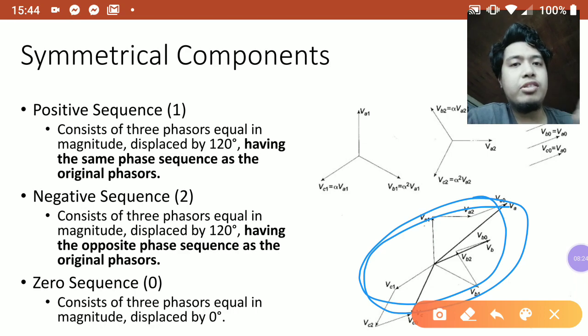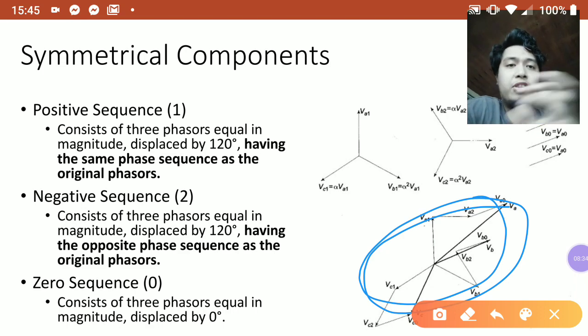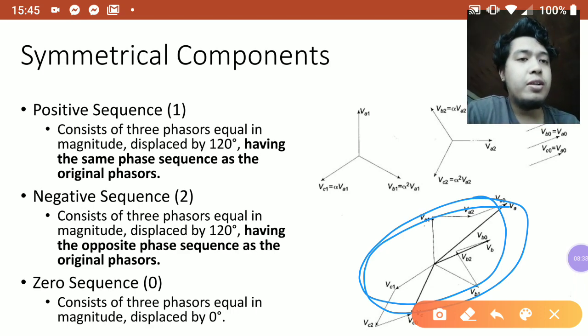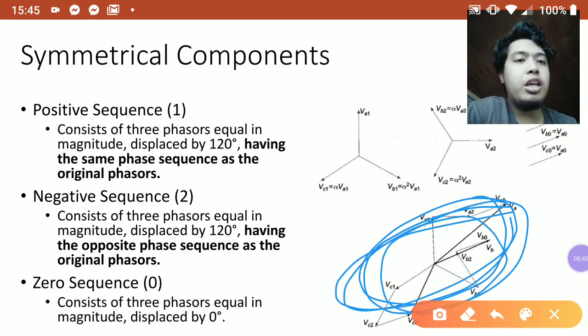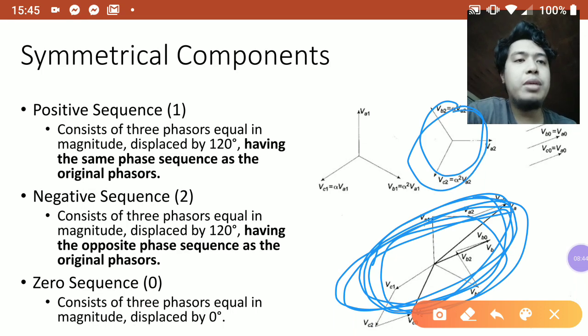You have the same magnitude for each vector A2, B2, and C2, and they are displaced by 120 degrees, but they are opposite phase sequence to the original phasors. So the original phasors are in A, B, C. Therefore, the negative sequence will be in ACB.